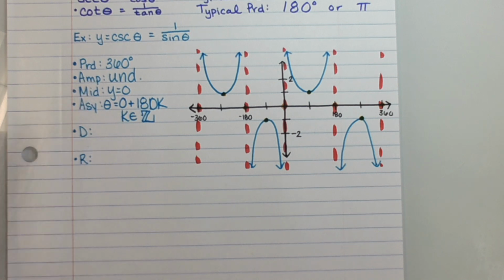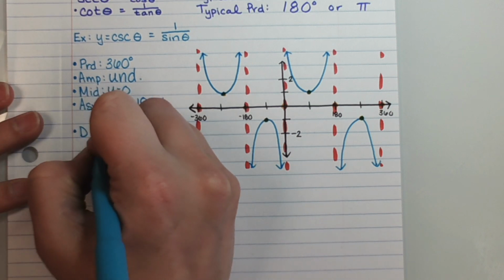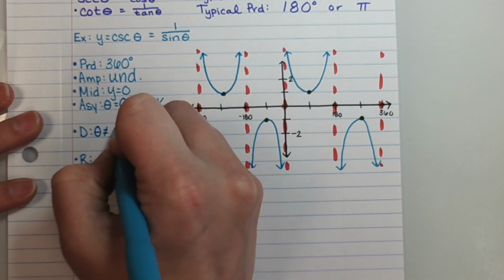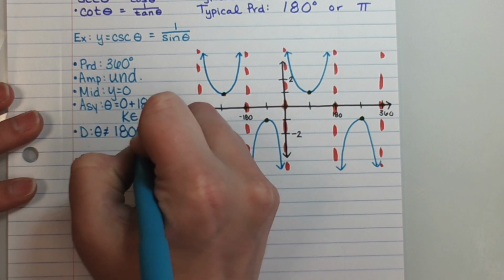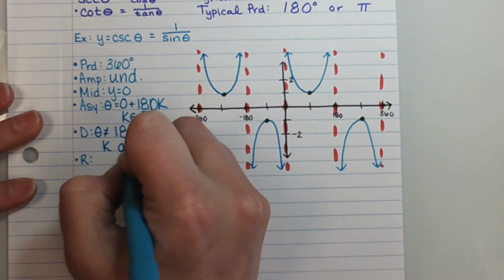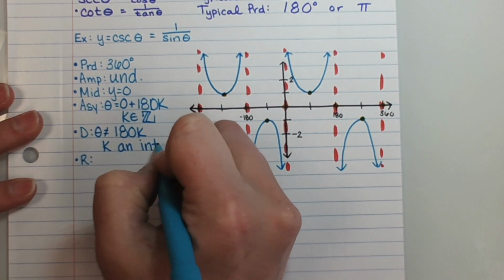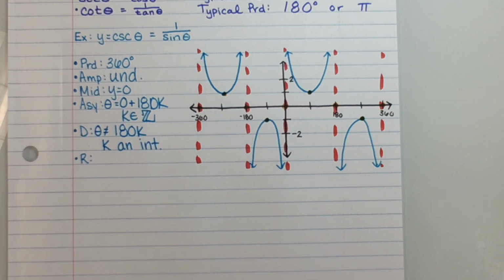How does asymptote relate to domain? It's the exact same thing, except not equals. If there are asymptotes, the domain is anything except for the asymptotes.